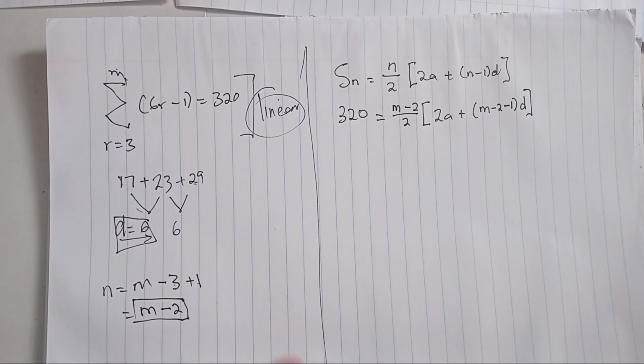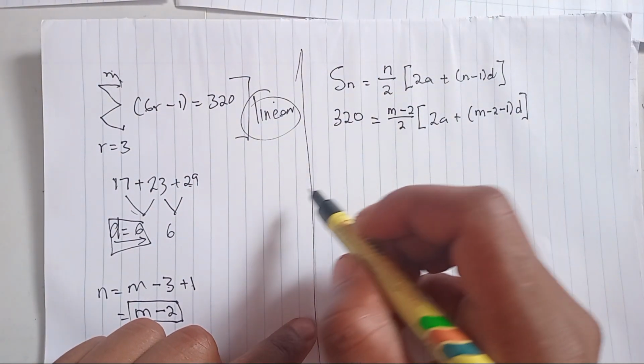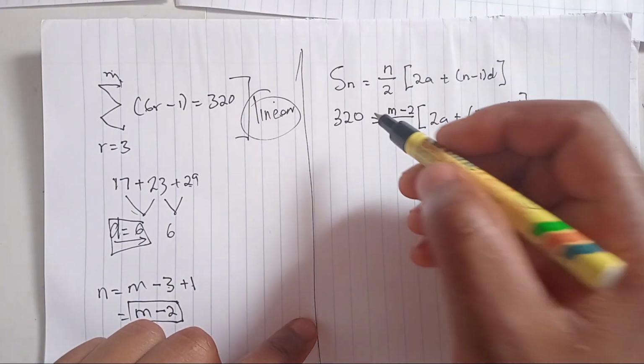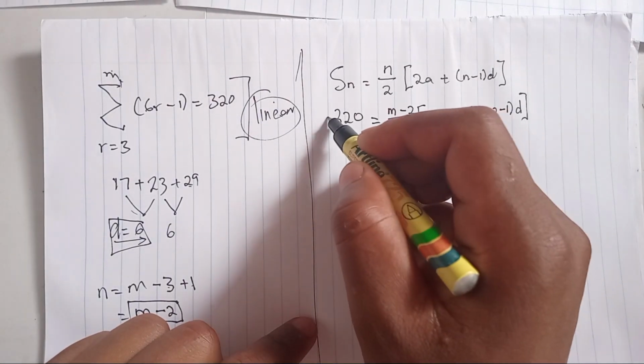Now we simplify. You can work anyhow mathematically. So let's work it out all together. Just to eliminate the denominator, let's multiply both sides by 2.